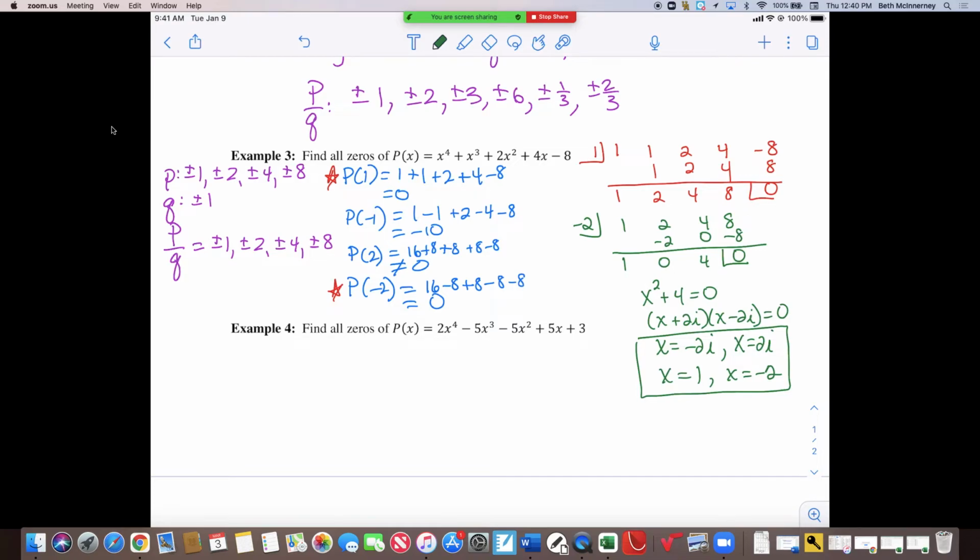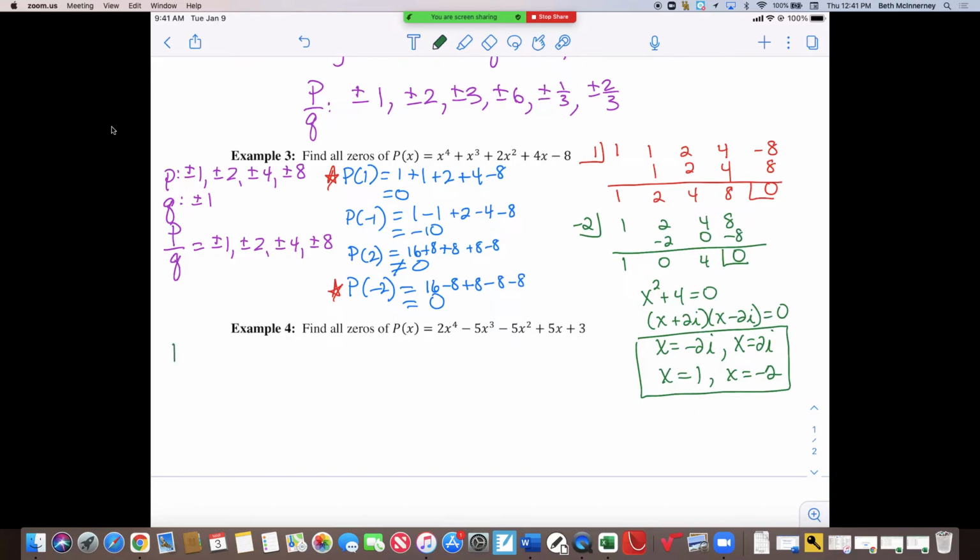But if I can get it to a quadratic, I know how to handle all the quadratics. So like what I mentioned, if this had been an x cubed, I would only want to go find the first one, do the synthetic and get it to x squared, and then I know how to do it. Because these are a pain to have to go check them all, you know? So I'm going to do the least number possible is the goal.